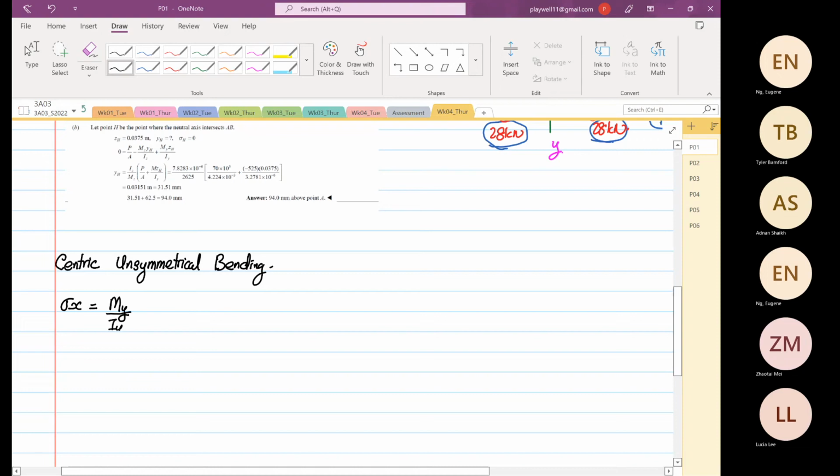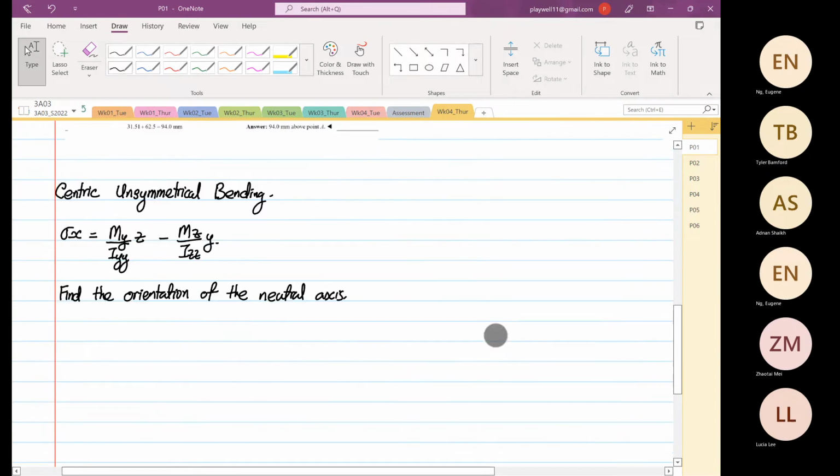over Iyy z minus by mz over Izz y. Okay. So the confusing part comes when we find the orientation of the neutral axis.